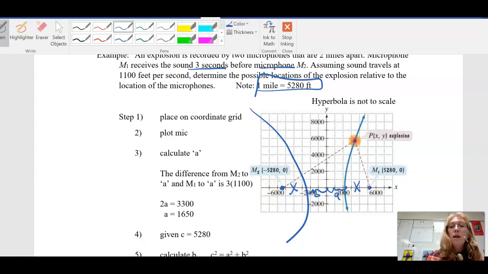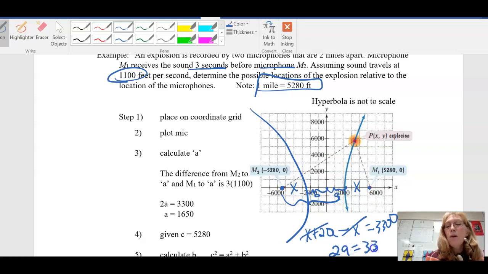So x and x. Now, if we look at this side, I've got x plus 2a minus this side, the x, has to be equal to the 3 seconds, which is 1100 feet per second, so 3,300 feet. Well, when that cancels out, that means 2a has to equal 3,300, so that's where that came from.